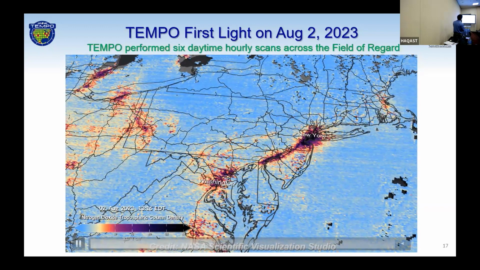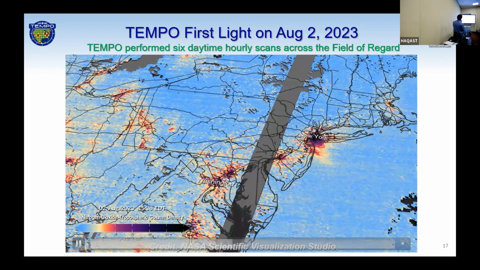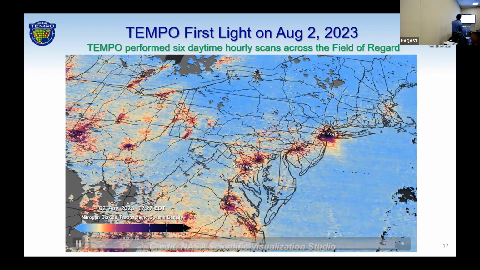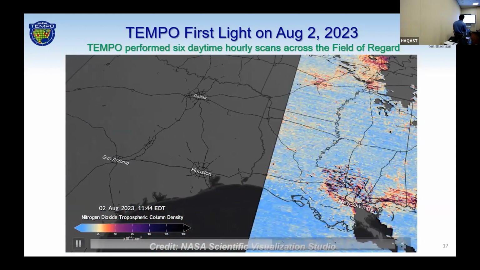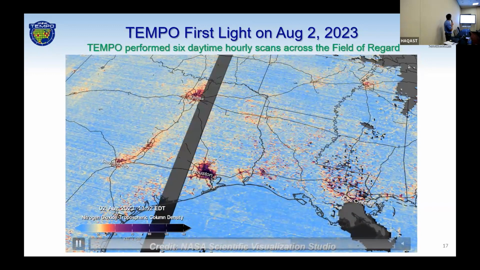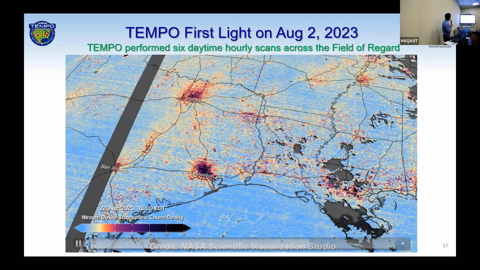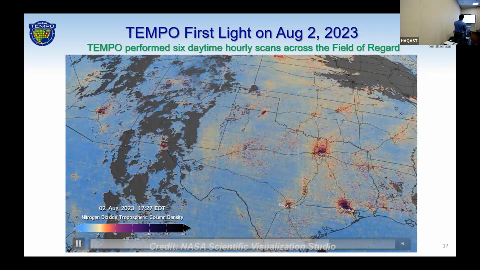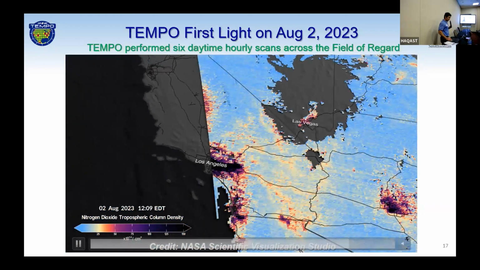There are other features on here too, which I will highlight in a second, being shown over those big metro urban areas. There's a lot of information we're seeing and capturing with Tempo that we have not yet seen to date with our low Earth orbiting data. Now looking over Texas, the major metro areas of Houston and Dallas, and the high NO2 emissions and pollution from those regions, and then over to California, zooming in on that region as well.